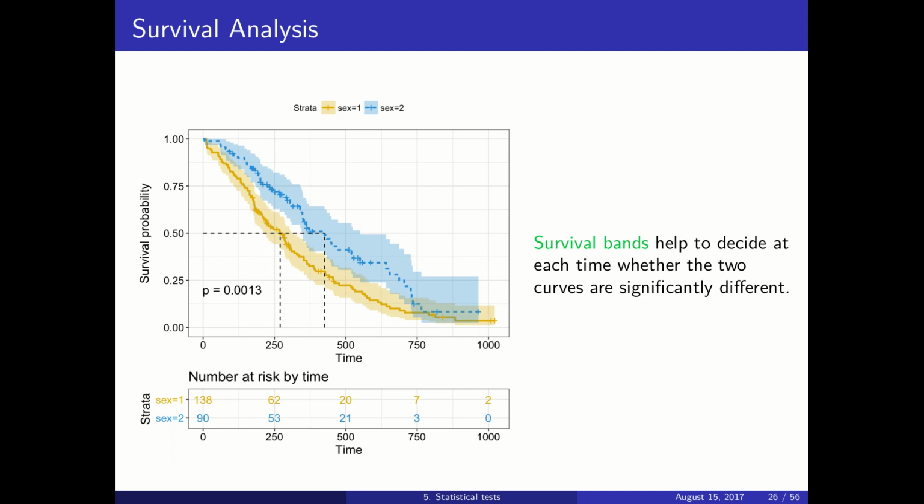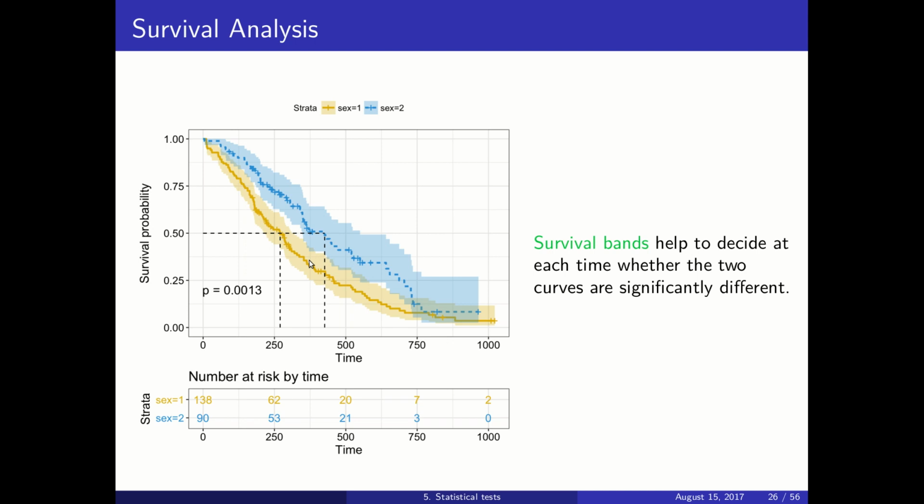Then instead of analyzing the data by taking a fixed probability and then looking at the time, you may take a fixed time. So for instance, if you have two groups, say male and female, you fix time, and then at a particular time you have probabilities.